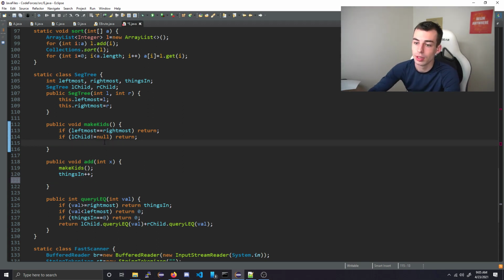Okay, then int mid equals leftmost plus rightmost over 2.